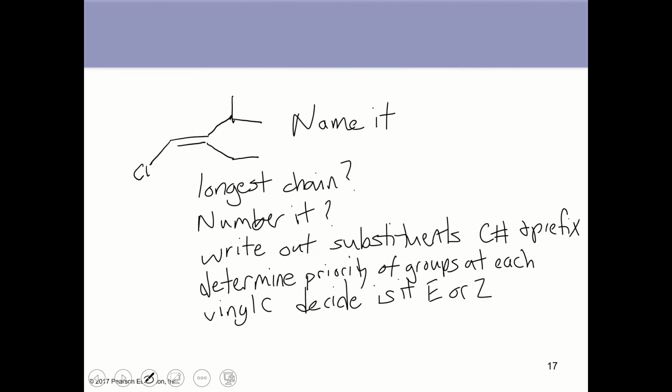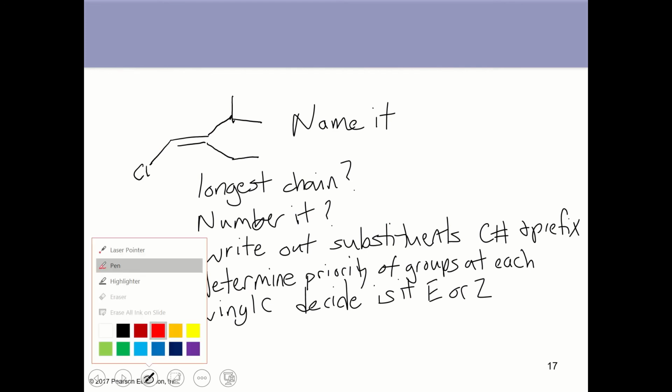Okay, so let's practice naming, okay? So here we have a molecule that I've drawn for you, and the first step is to number the longest chain. So what is the longest chain?